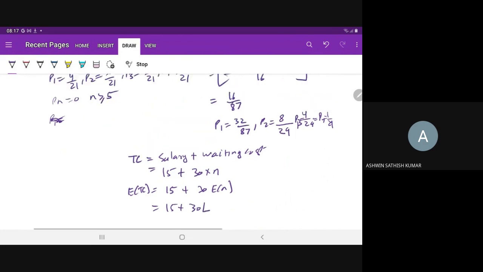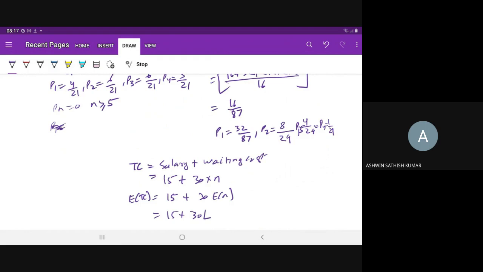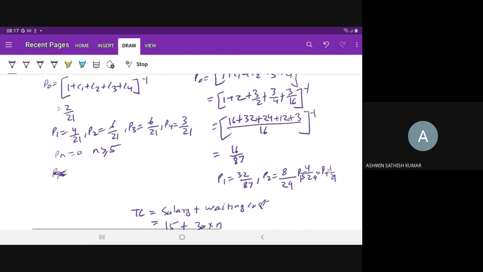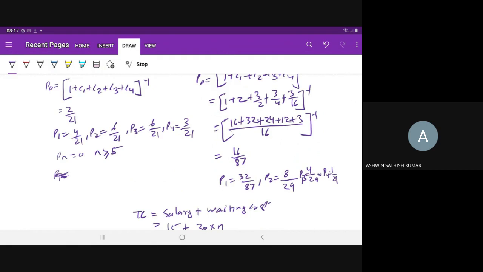So here we have to compute. Sir, I think it should be 16 by 29, P2. Because the probability should add up: 1 plus P0 plus P1. What are you saying, please repeat. Sir, I think P2 is 16 by 29.